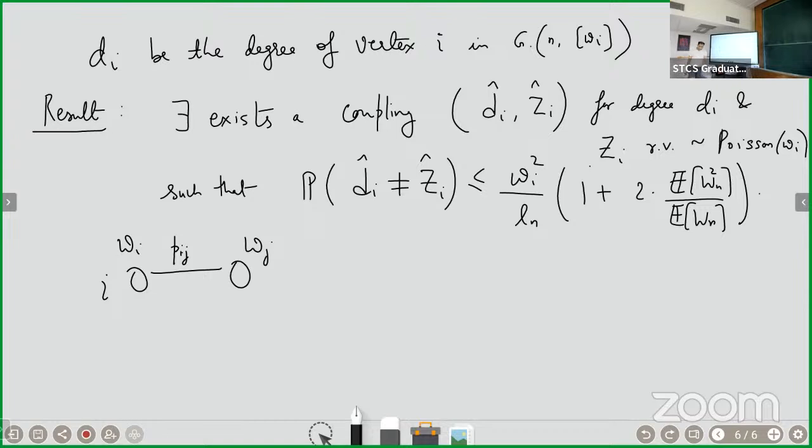Whatever w_i is, this is independent of how you chose w_i. If the graph is large enough, then the degree of each vertex will look like a Poisson. That's all I'm saying. The probability that it's not equal to Poisson is small enough. It all depends on what w_i is, what L_n is, and these second moments.